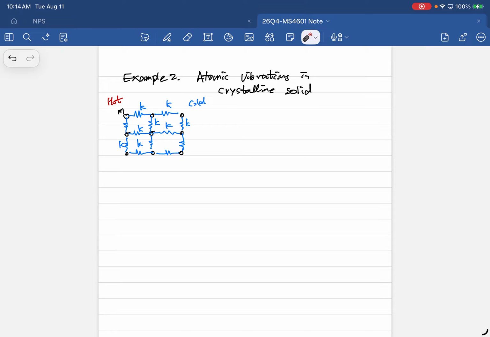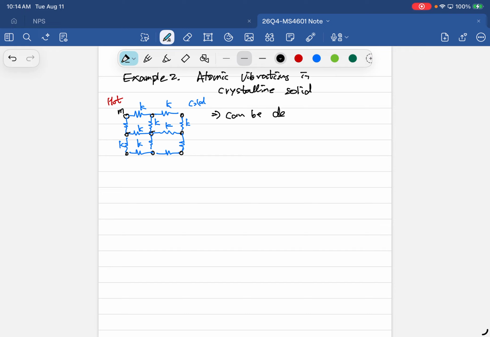And in these atomic vibrations, when you think about a vibration through the springs and masses, it can be decomposed into various modes, into normal modes. Basically, all the vibration is a sum of certain frequency contributions.